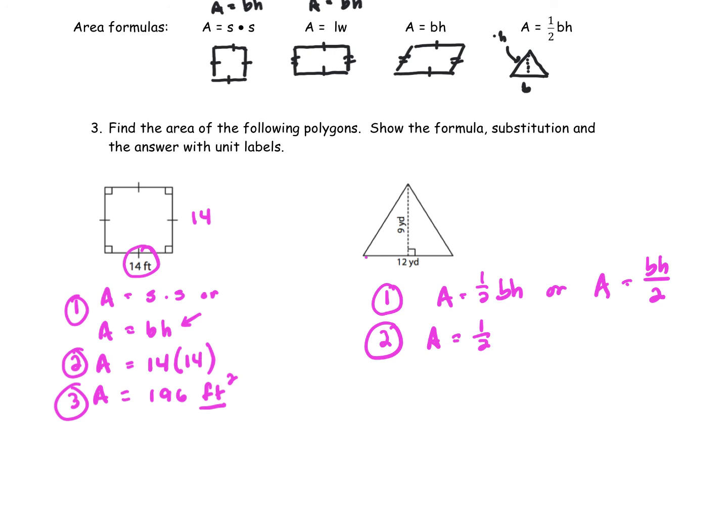So we have the base, which is 12, and we have the height, which is 9. So if I took 1/2 of 12, that would be 6, and 6 times 9 would be 54, and our unit of measure is yards. Again, area is how many square units are inside, so that'd be squared, or we put square yards.